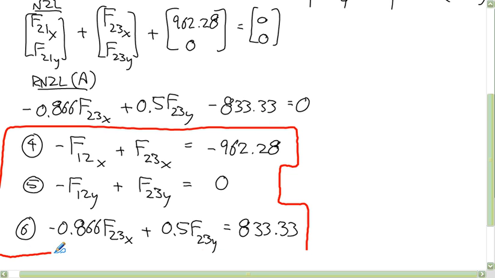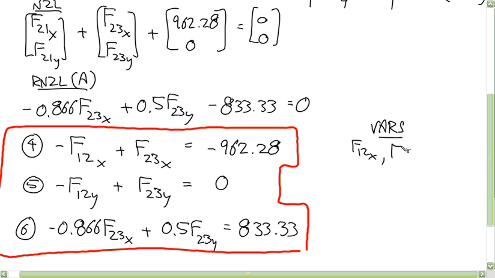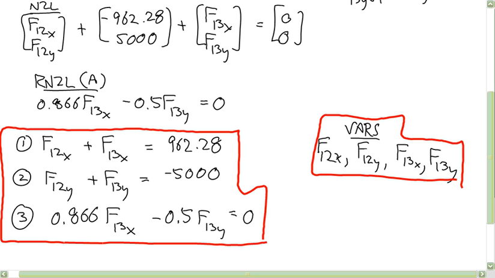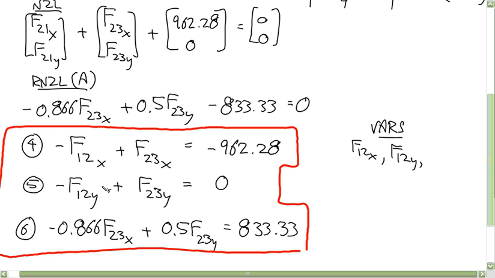Okay, so there's equations 4, 5, and 6. And now our variables are 1, 2, x and y. Then 1, 3, x and y. That didn't show up in these 3, but we still have those from the previous 3.